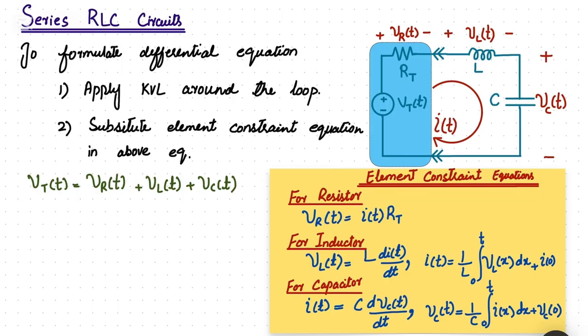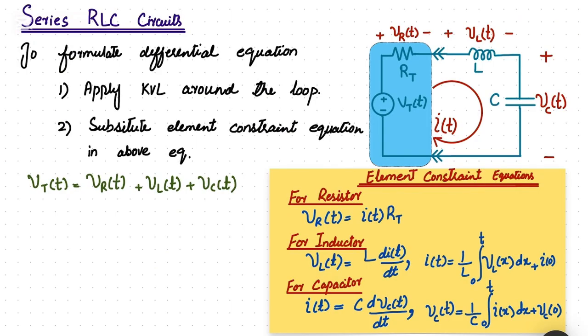For inductor, we have VL of t, inductor voltage, is equal to L di by dt. Or we have an inductor current equation, I of t representing the current flowing through that inductor. So inductor current I of t can be written as 1 over L integral of VL of x dx, integral limits from 0 to t plus I of 0. I of 0 represents the initial value of inductor current.